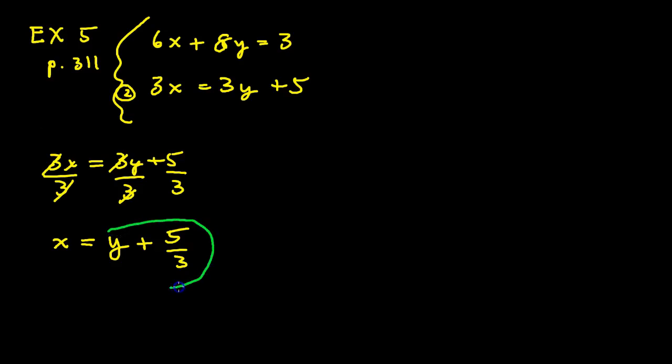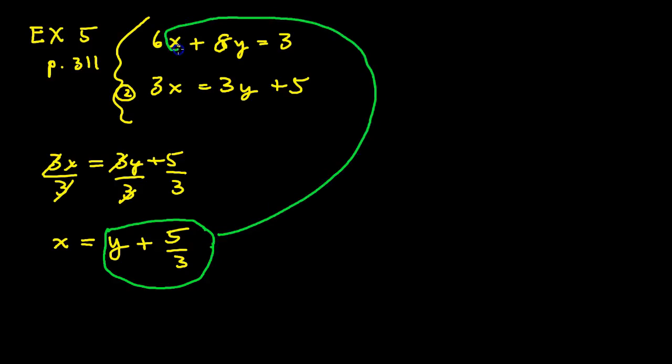Take this expression for x and plug it in for x in the other equation. Let me erase that. I'm going to go to equation 1 and sub in that expression.